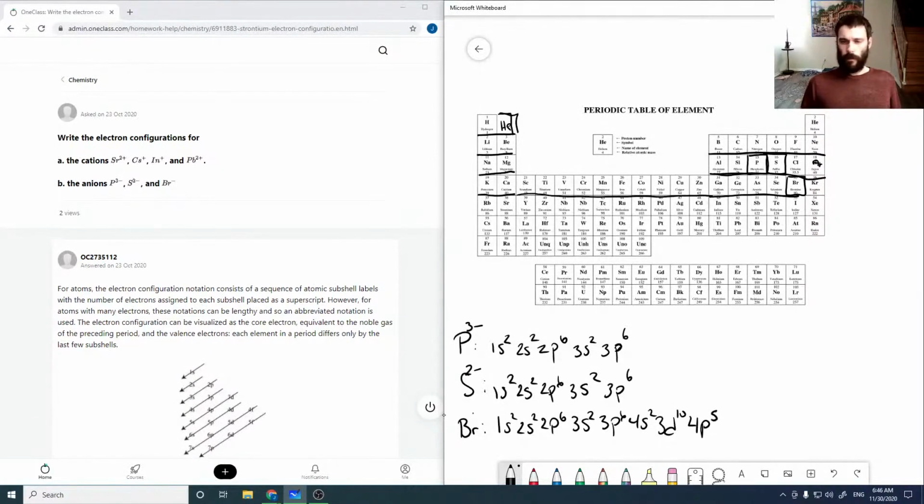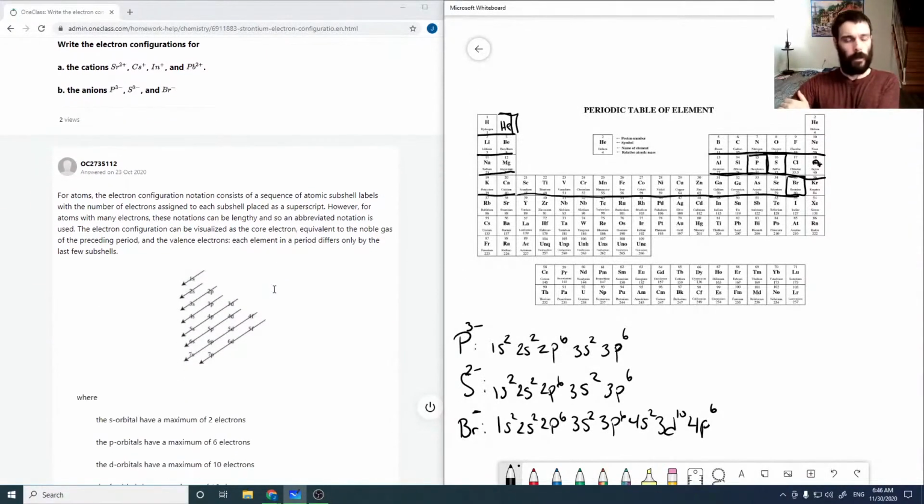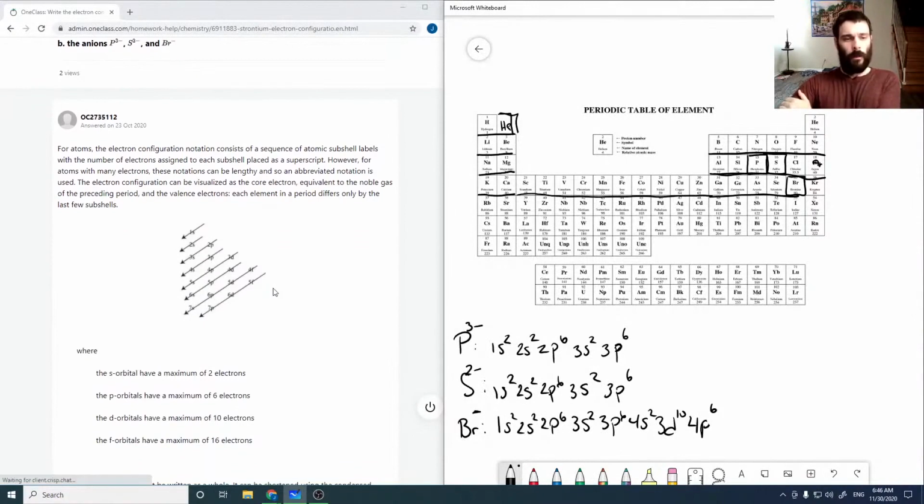And then to get the minus, we just add 1 electron. So instead of 5, this becomes 6. Okay, and so there's our anion electron configurations.